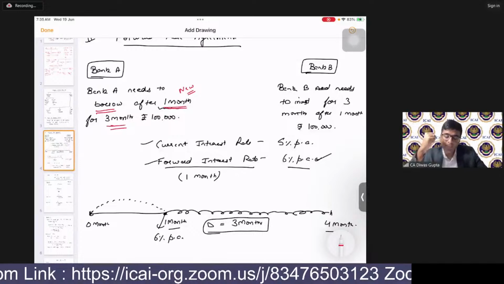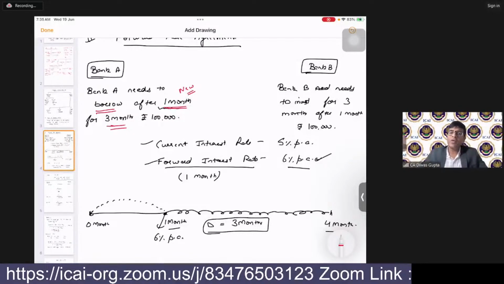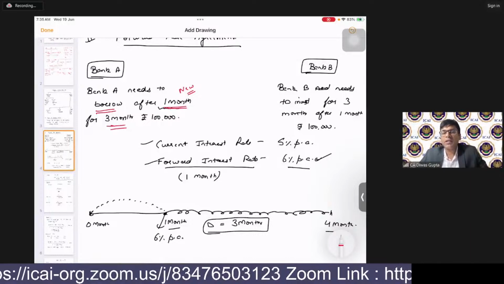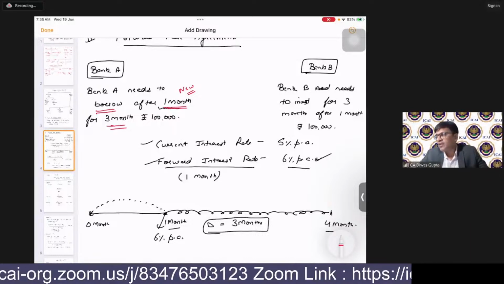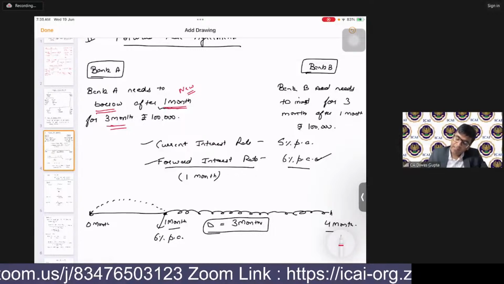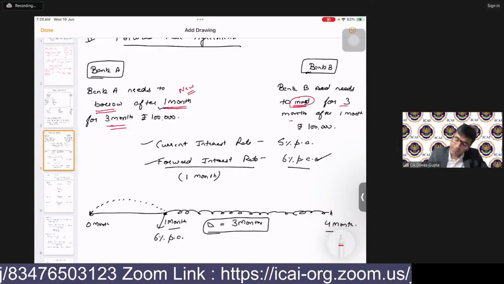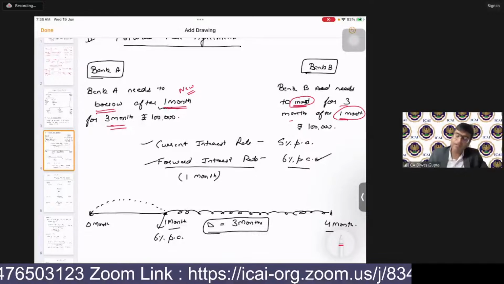Yes, that is available. So again, I'm trying to tell you about the situation here. After 1 month, the borrowing has to happen. Similarly, Bank B needs to invest for 3 months, after 1 month.